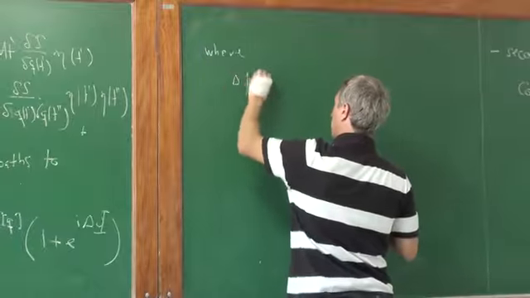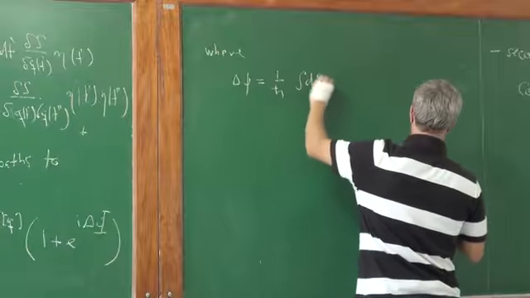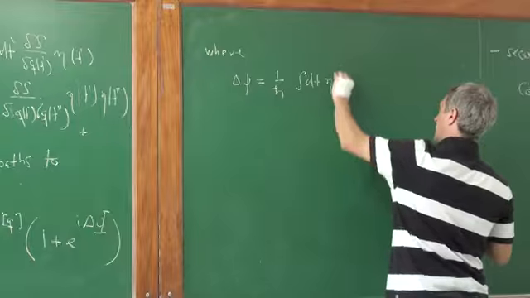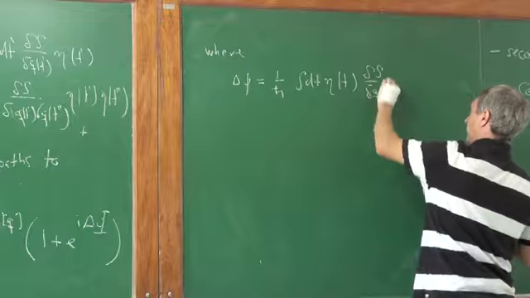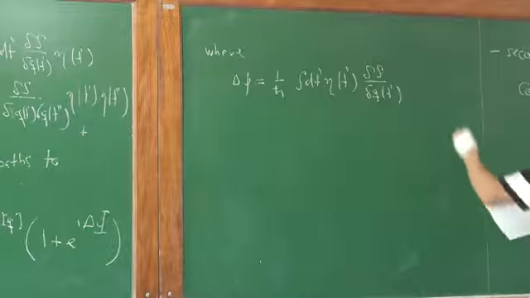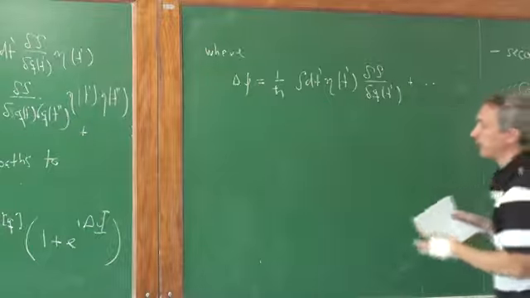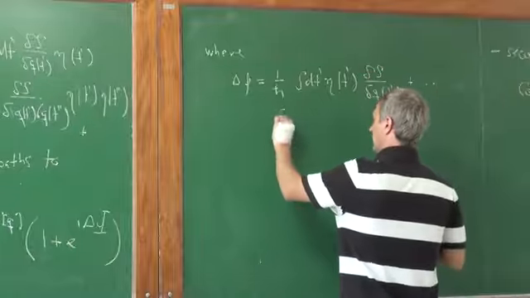So delta phi is 1 over h bar, the integral dt, of the first variation times eta, plus then the quadratic term and higher terms, okay? This holds for generic paths.